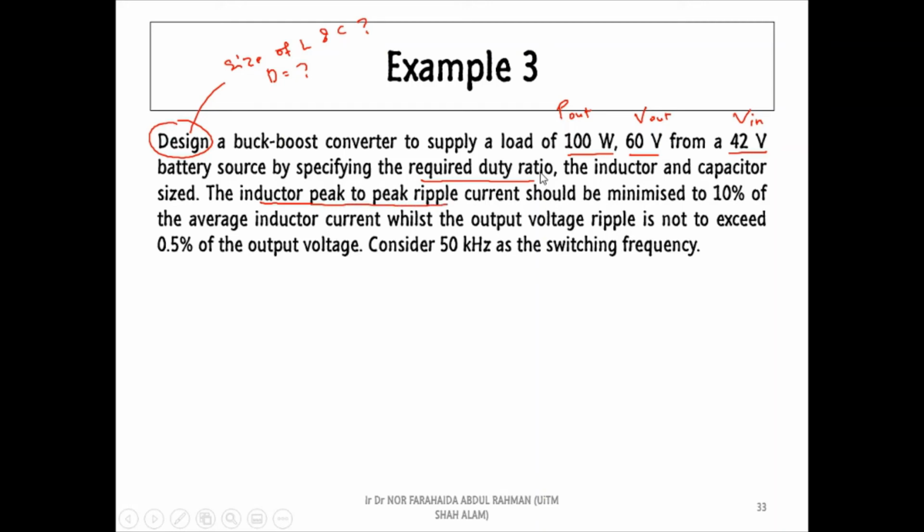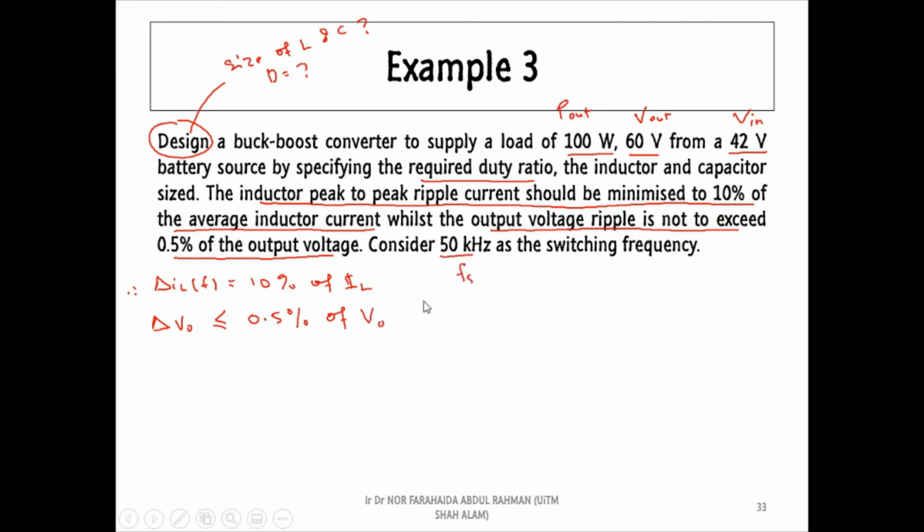Then, we will design the inductor and capacitor based on this requirement, where the input peak-to-peak ripple current should be minimized to 10% of the average inductor current, and the output voltage ripple is not to exceed 0.5% of the output voltage. And lastly, the switching frequency of the converter is 50 kHz.